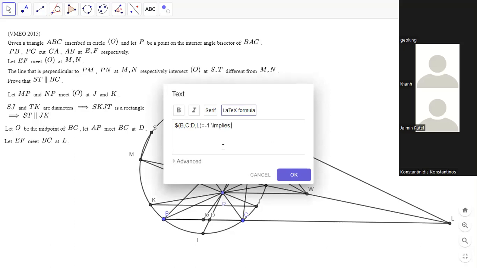And that implies angle DAL is 90, since angle BAD equals angle CAD.